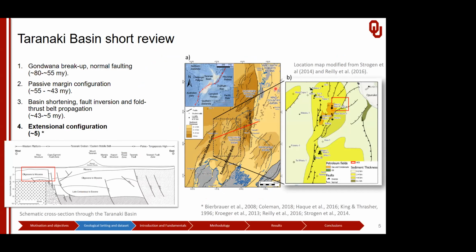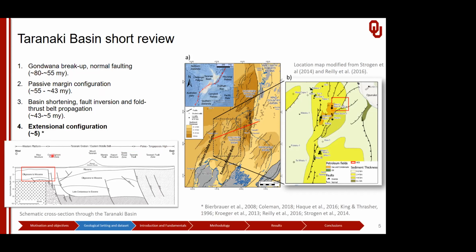This area has a geological history divided mostly into four episodes. First is the Gondwana breakup, then a passive margin configuration, then a third stage of basin shortening. But now the basin is under extensional configuration, and that began about 5 million years ago.